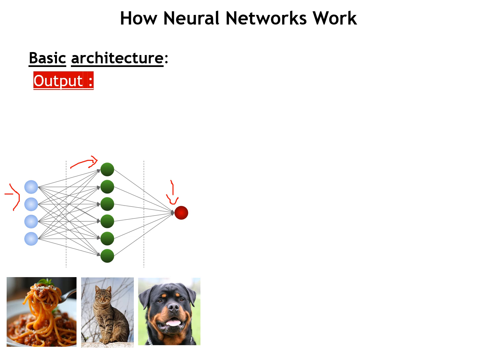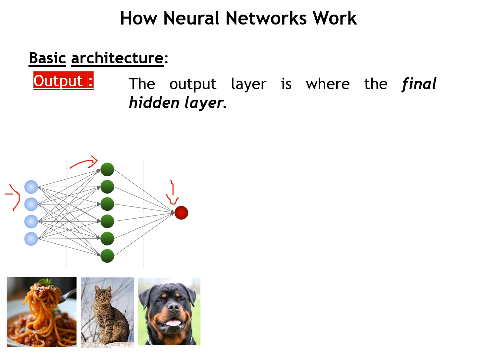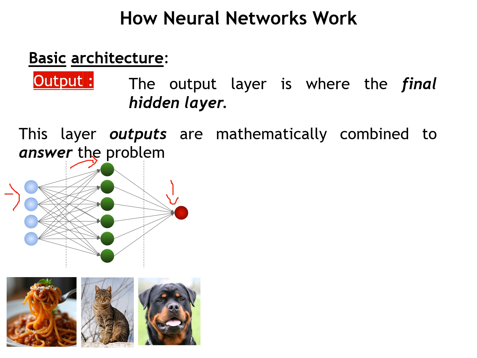So all this turns into, again, more math. And what I just told you is the last layer of this basic neural network, the output layer. And I told you the output layer mathematically combines the answer to the problem.